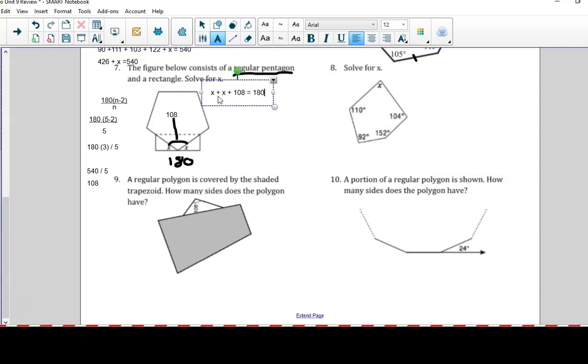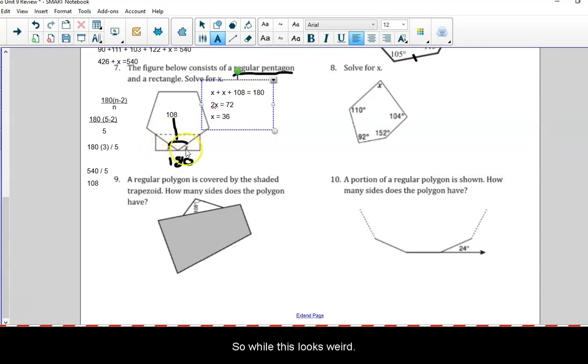Now I can just solve it like an equation. x plus x is 2x equals 180 minus 108, which is 72. 72 divided by 2 gets you 36.